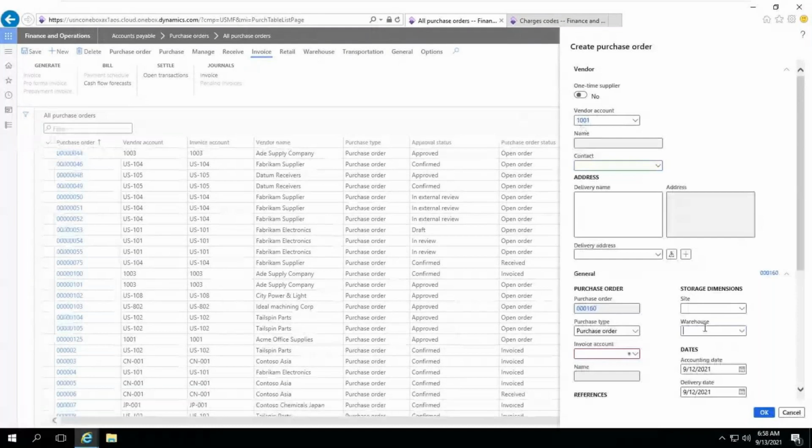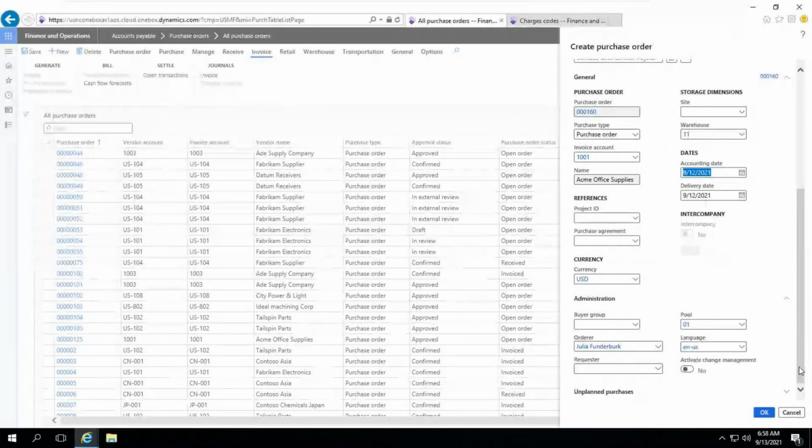So the way I'm doing it, I'm taking duplicate and deleting this one, so the new link will be fast. Selecting a site and warehouse, click OK.